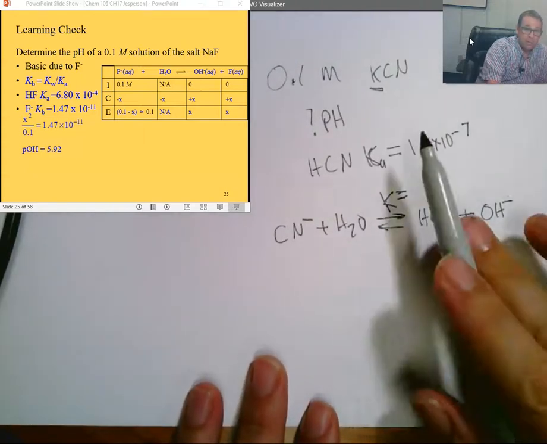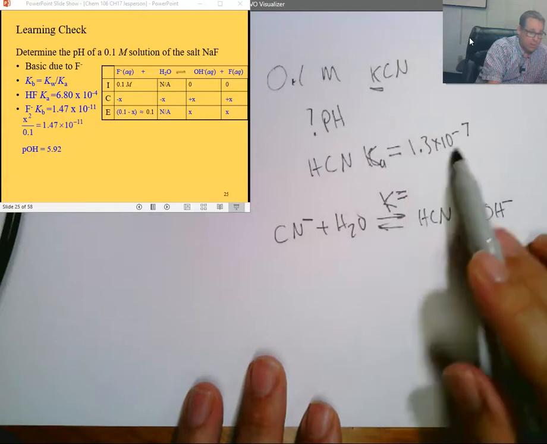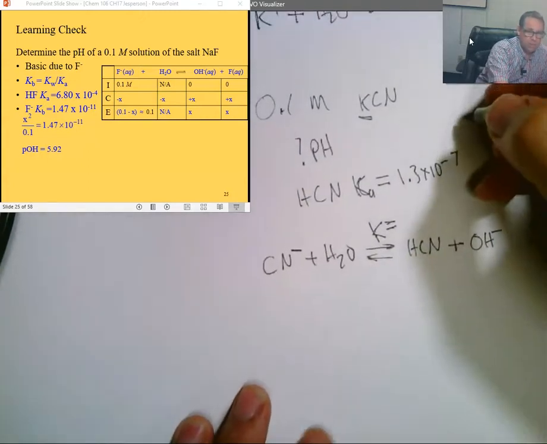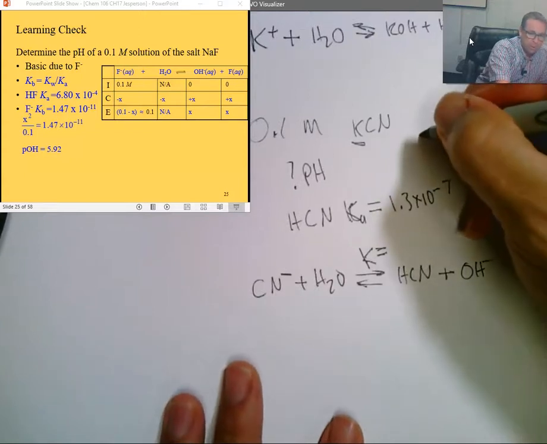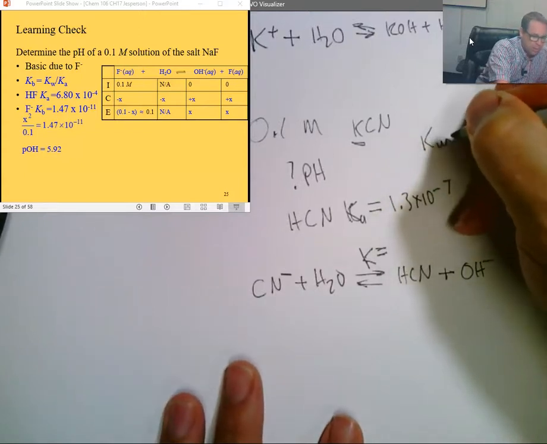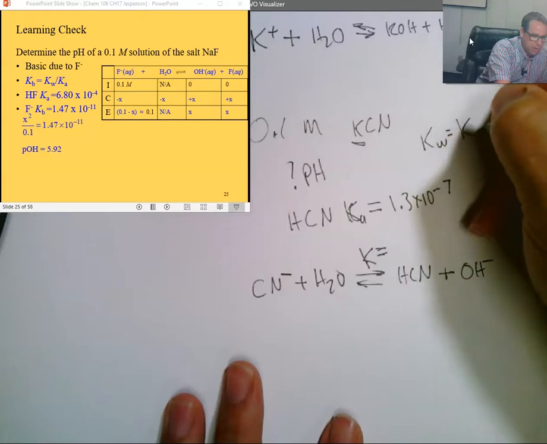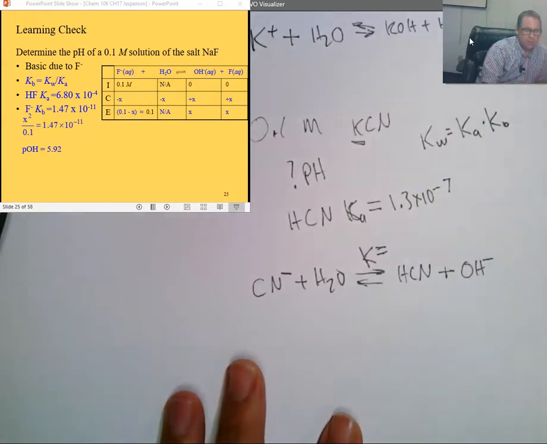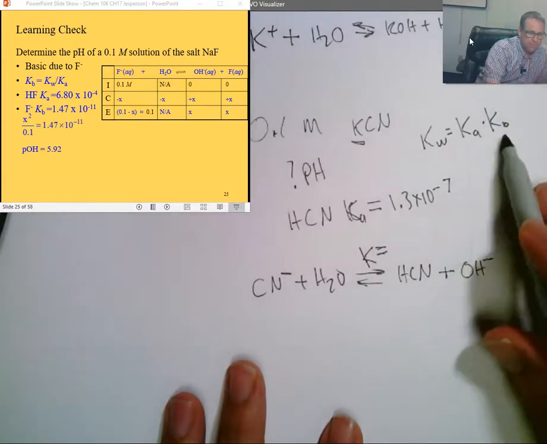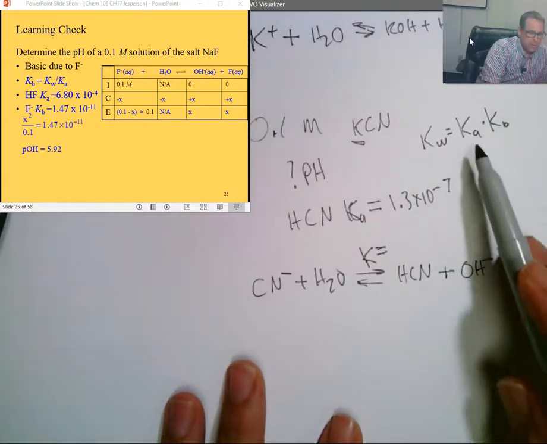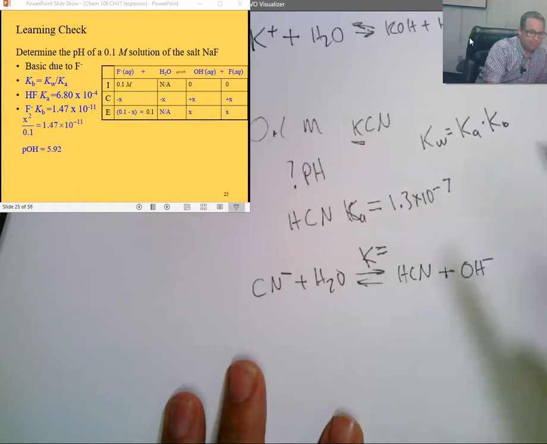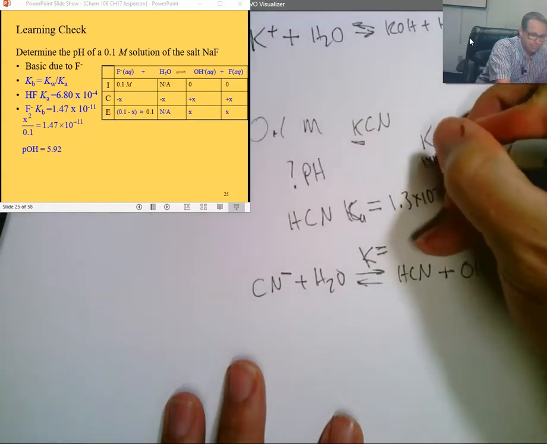Okay, it's not the inverse, but it is derived from this. It's derived from this relationship, which we'll write up here. Kw is equal to Ka times Kb for that acid's conjugate base. Mm-hmm. So, do you remember what Kw is? 1 times 10 to the negative 14.